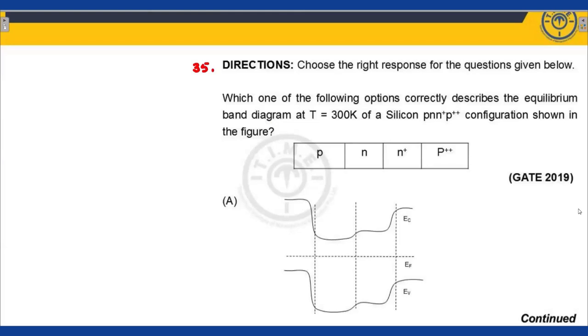So choose the right response from the questions, my dear friends, which is very, very important here. How to get the answers for this particular question?